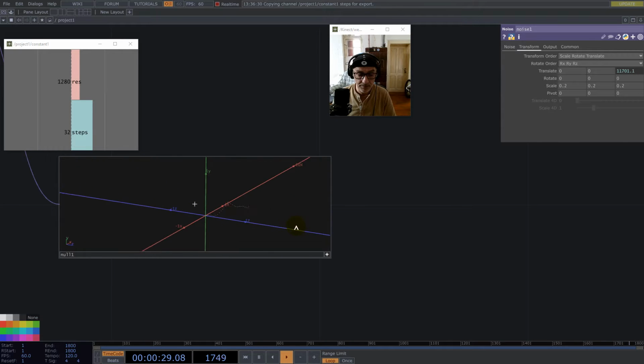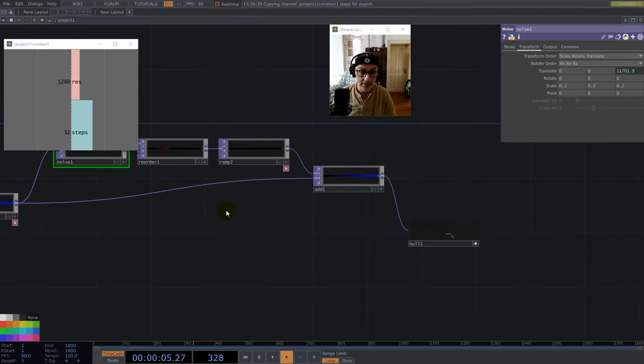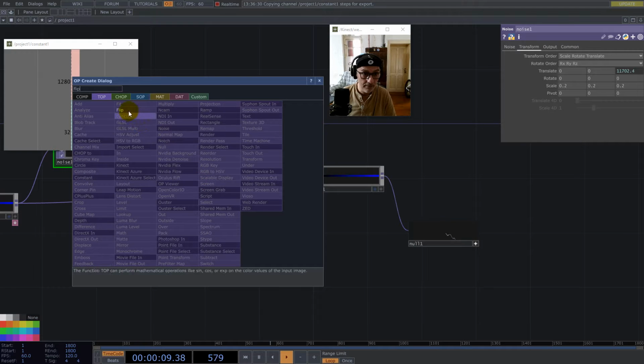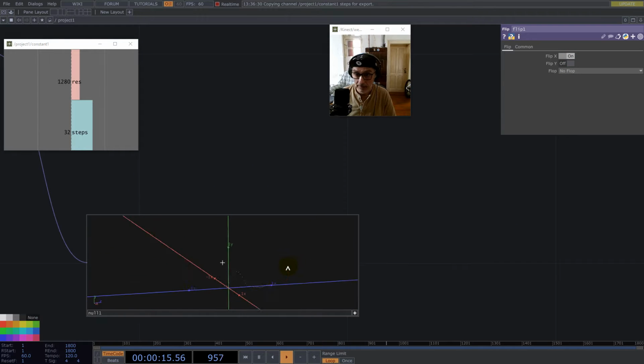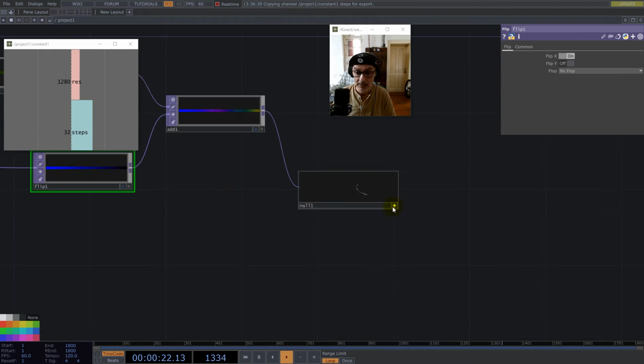Okay, so this is good. I would like to have the motion on the opposite end. So maybe if I use a flip here, flip on X, yeah. Now the 0, 0, 1 is steady. This is what we need. Okay.